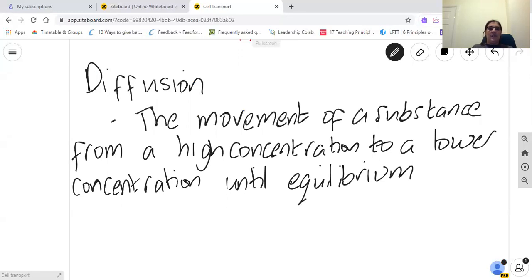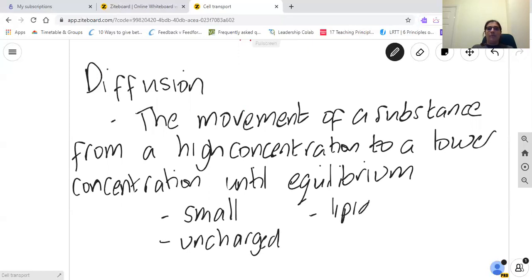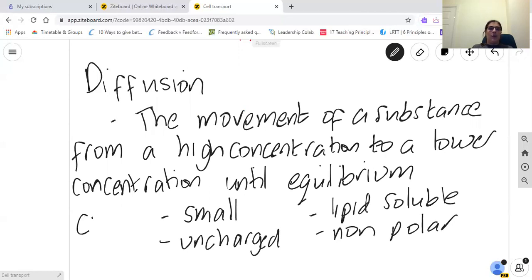And the only substances, as we said, that can diffuse are small, uncharged, lipid-soluble, and non-polar. So for example, carbon dioxide, oxygen.